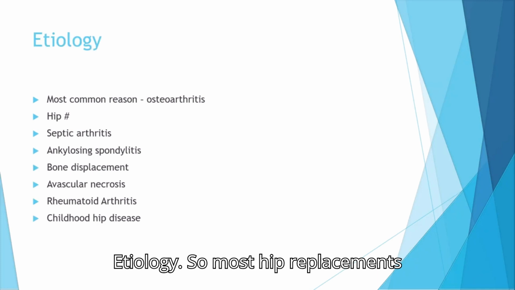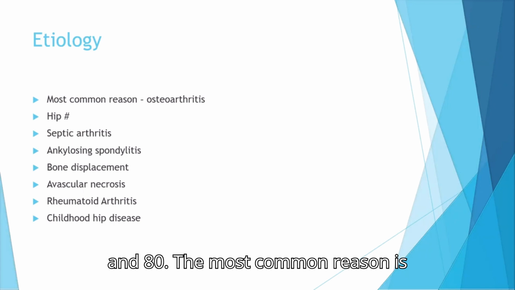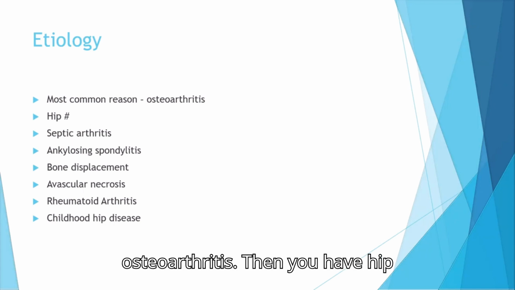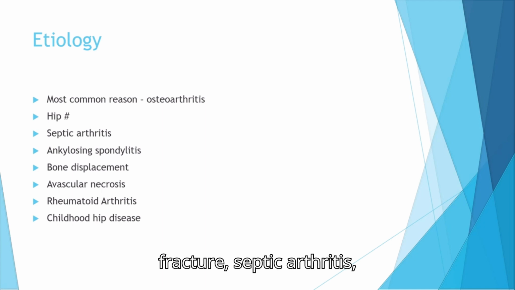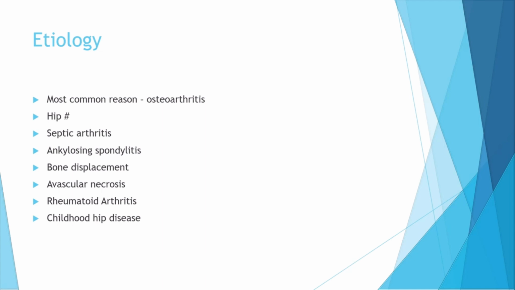Etiology. Most hip replacements occur in people between the ages of 60 and 80. The most common reason is osteoarthritis. Then you have hip fracture, septic arthritis, ankylosing spondylitis, bone displacement, avascular necrosis.